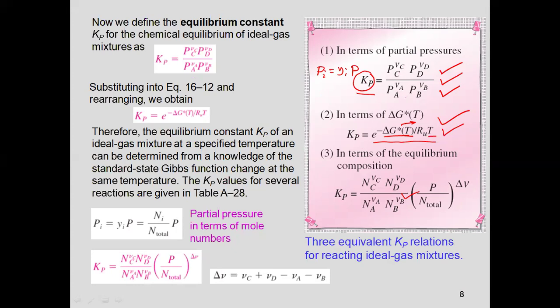Now, for a particular reaction, if I just reverse the reaction, the stoichiometric coefficients will remain the same, and so will the partial pressures. When the chemical reaction is in equilibrium, whether it is reverse or forward, the composition will remain the same.